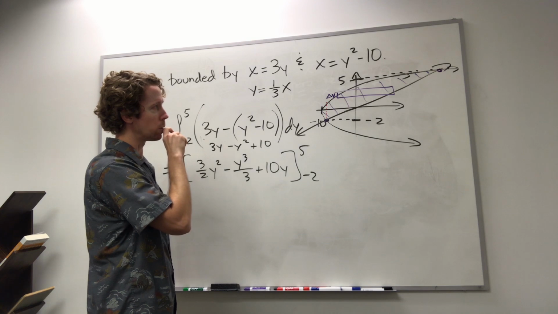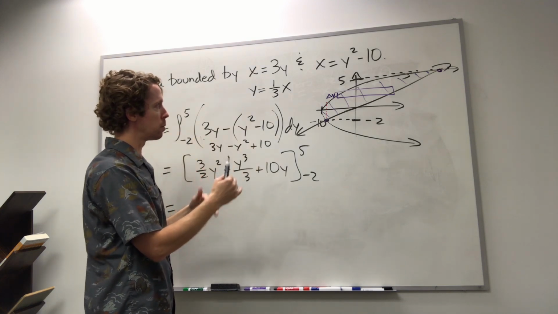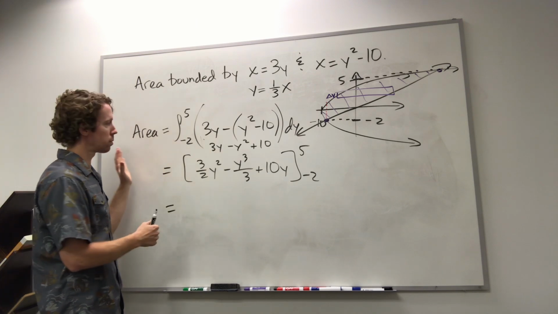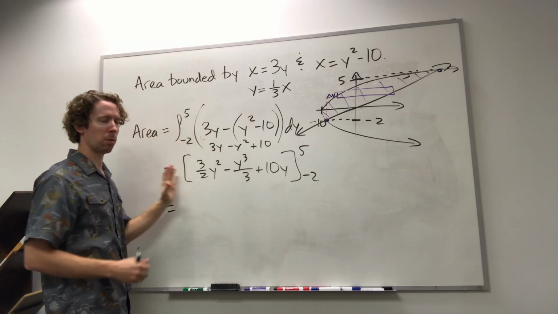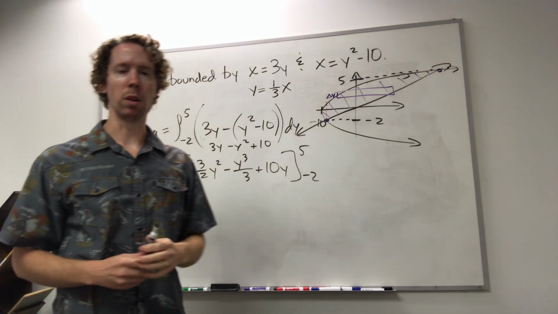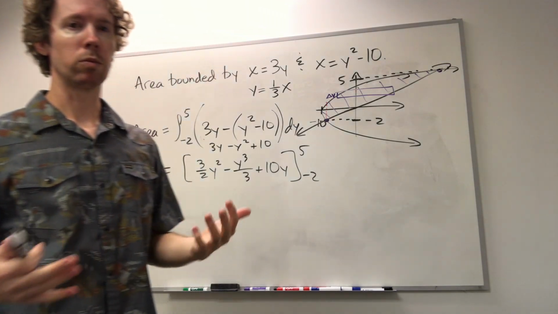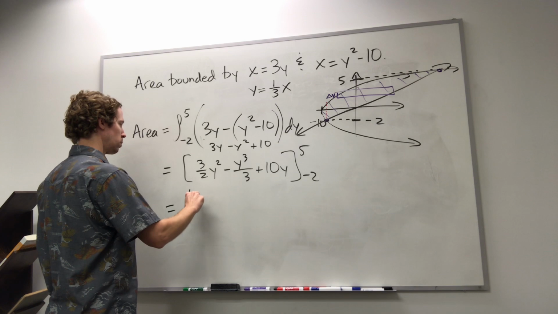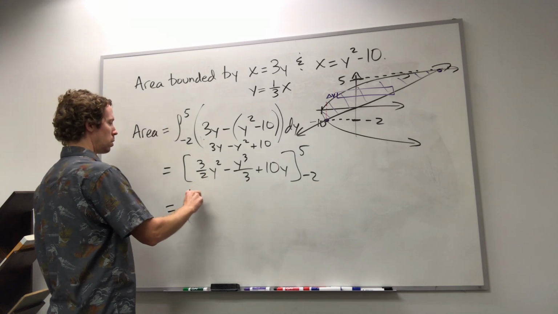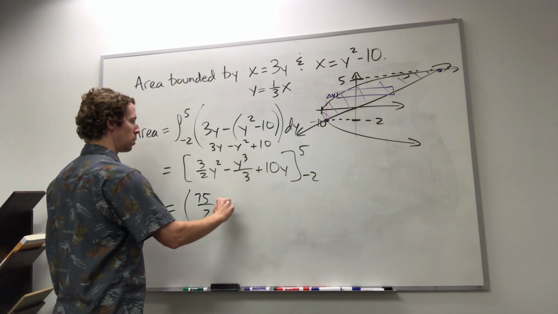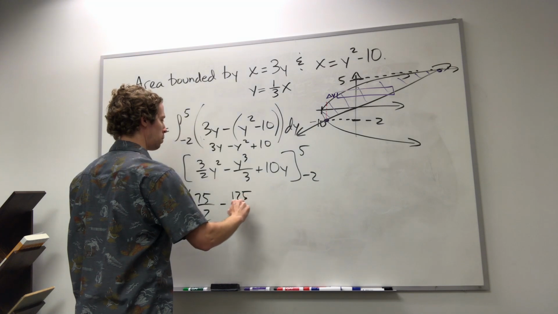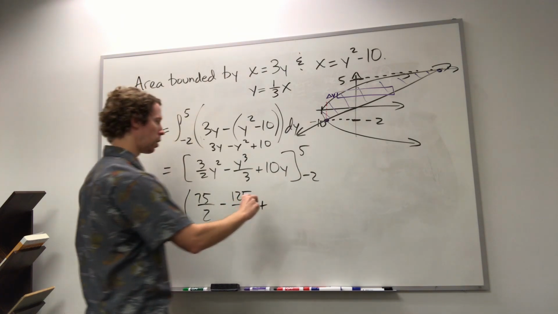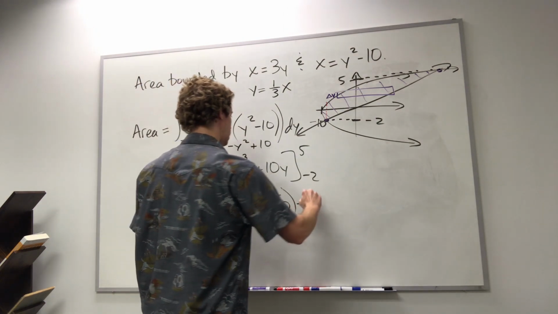Once I figured out what was on top and what was on bottom, and I had my intersection points, from there it's just working out the problem by finding an antiderivative, which at this point we're very comfortable with. You can go ahead and work it out and compare your answer with mine if you'd like to.